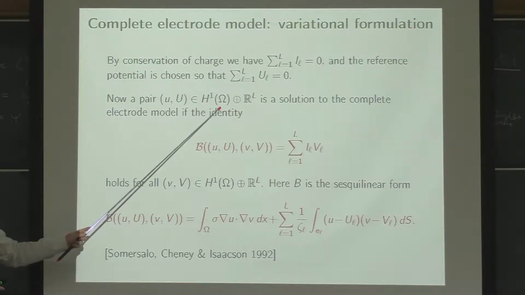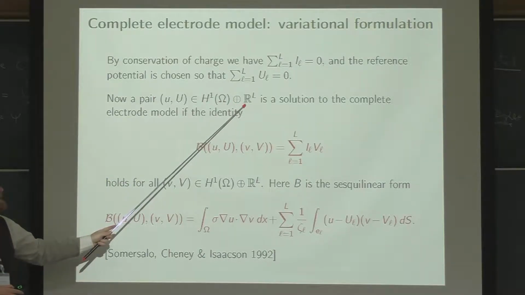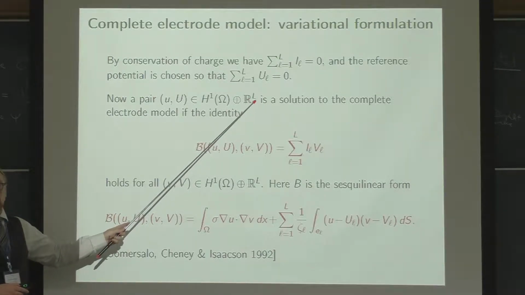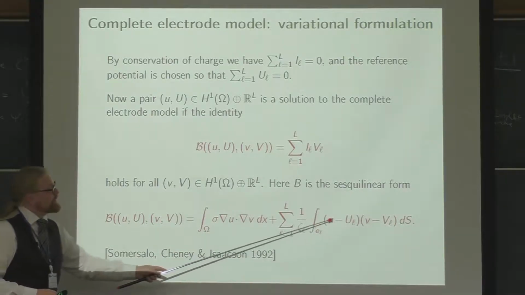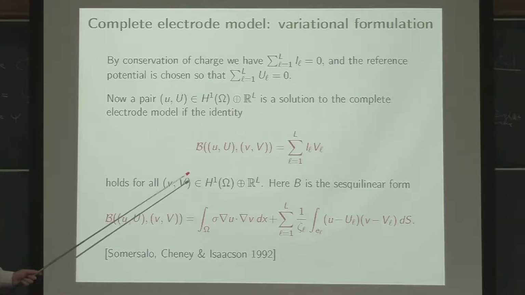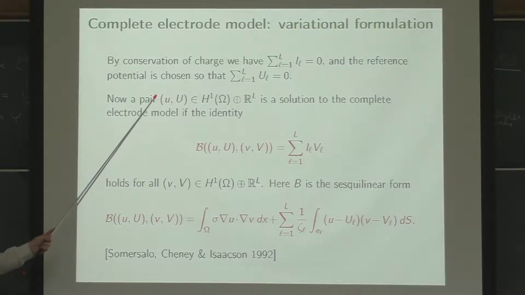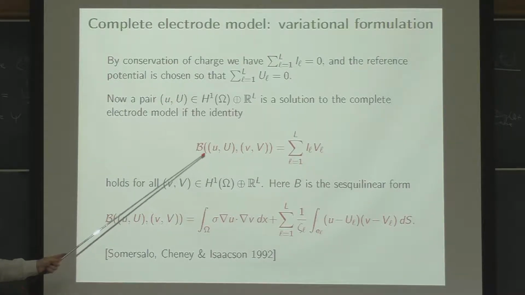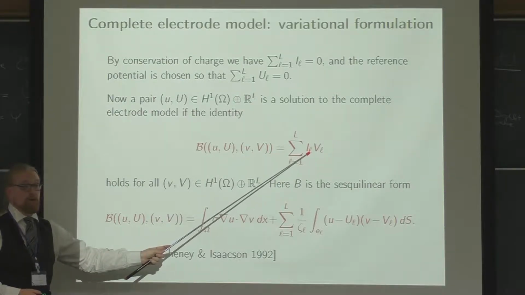So it's H1 in omega, the Sobolev space of functions inside, and then it's a direct sum with R^L, because there's this U number at each electrode. So this is the variational form, and then we say that this is a weak solution to the complete electrode model, a pair of an H1 function and a voltage vector, if this variational form equals this one that contains the currents here.